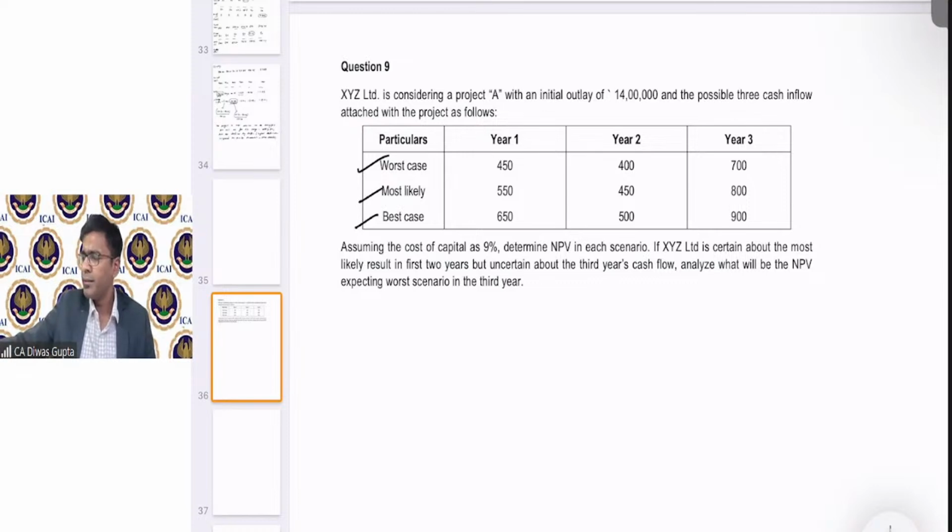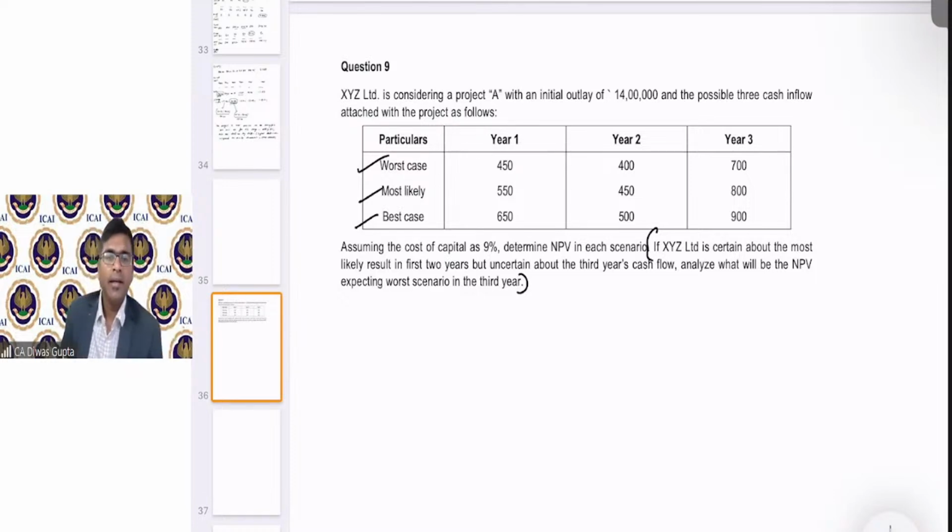Okay, students. Then if XYZ Limited is certain about the most likely result in the first 2 years, but uncertain about the third year's cash flow, what will be the NPV expecting worst scenario in the third year? So the second part of the question is a bit different.